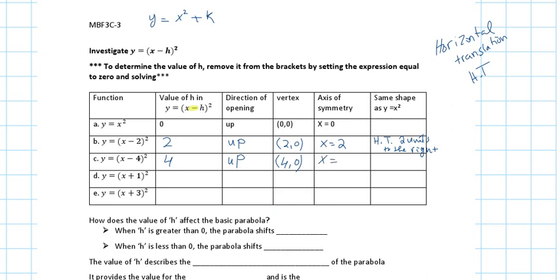And it's a horizontal translation, 4 units, it should say, not 2 units, to the right.